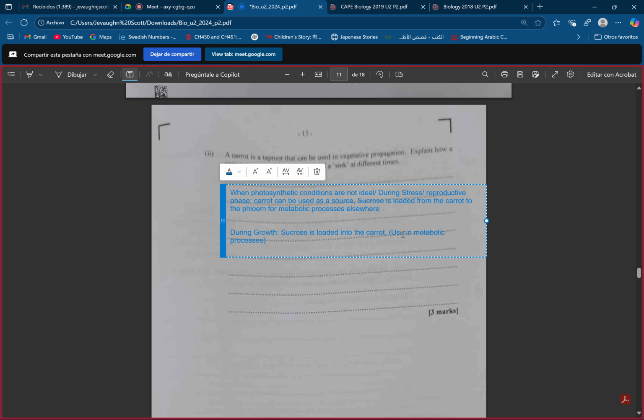We could also state in times when nutrients are plentiful, right? So the carrot is a storage organ, right? So its nutrients are also plentiful, right?